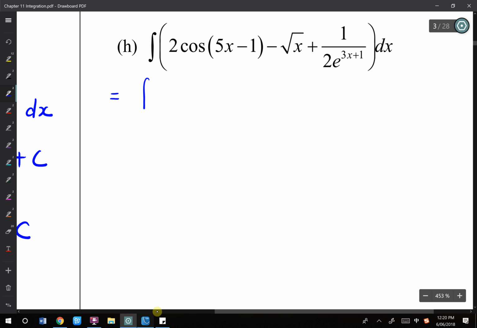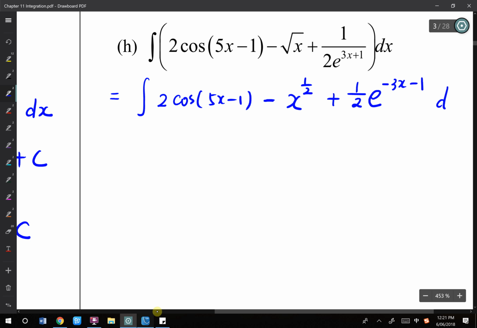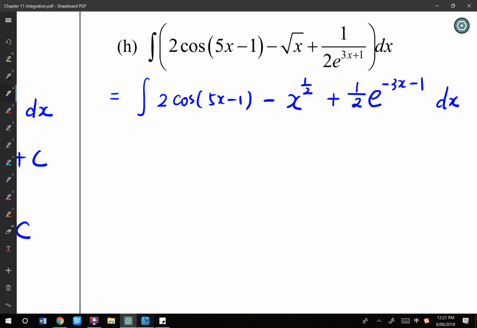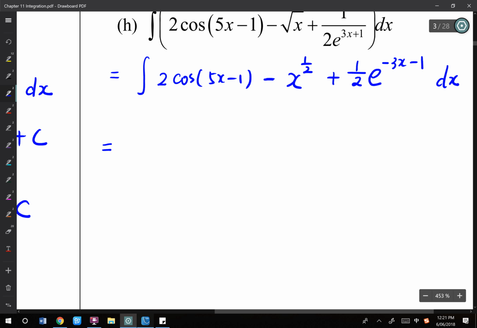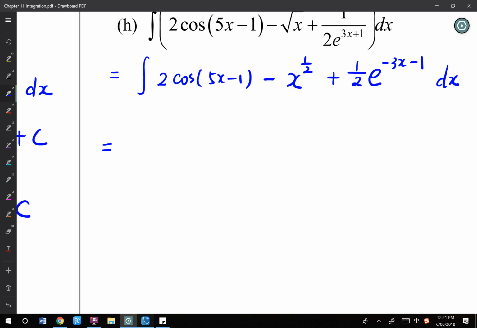Well, I will separate that. Well, I don't really need to separate. That's 2 cosine 5x minus 1 minus x to the power of a half plus 1 over 2 e to the power of minus 3x minus 1, and then dx. It's minus the entire power, so it's minus 3x minus 1 and then dx. When we antidiff cos, what do you have? Positive sine.